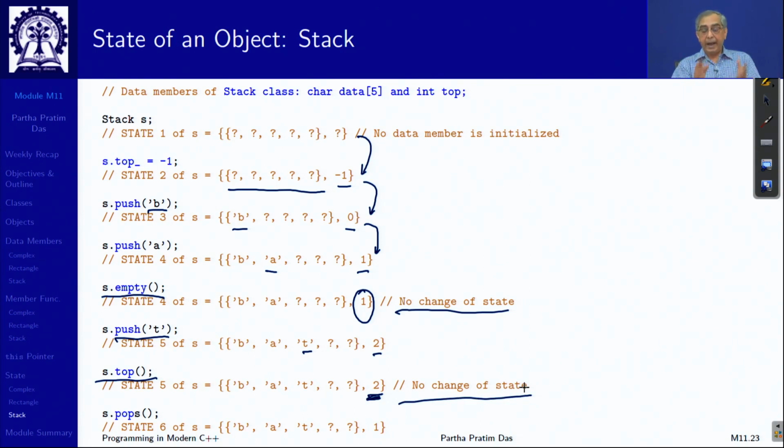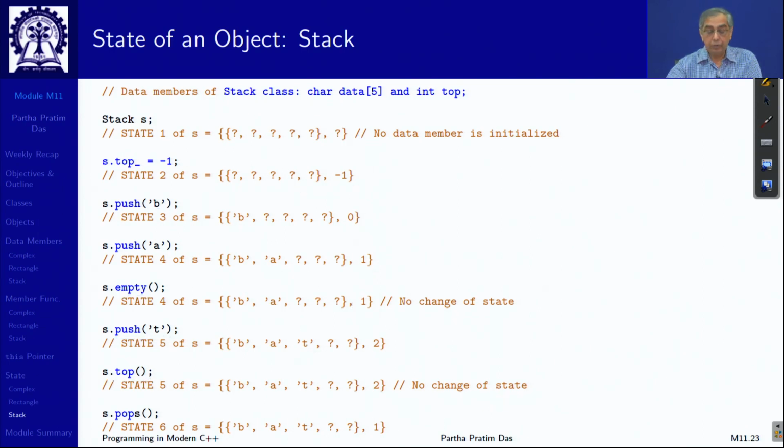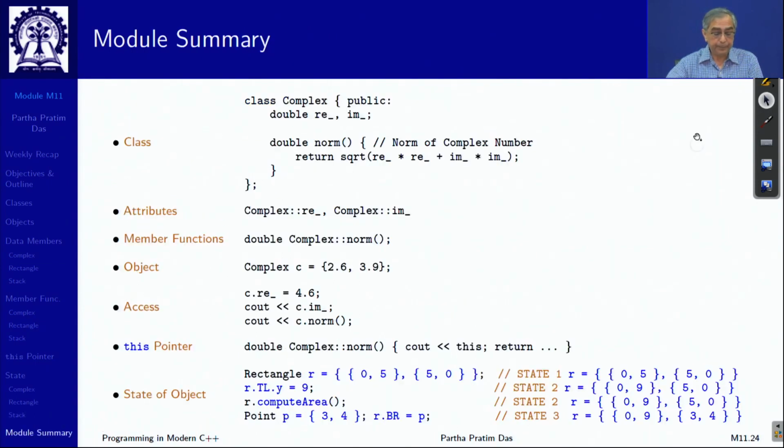So these, empty and top, are the two which do not change the state, and you remember that when I did the global function style, I passed the stack to these two functions as a constant reference, whereas for push and pop, I had to pass them as non-constant reference because they change the state. So that is the basic idea.